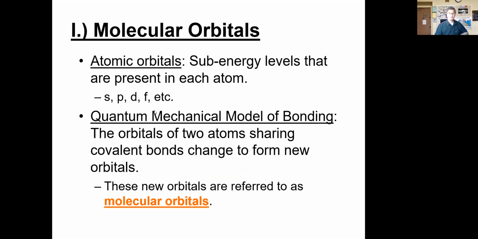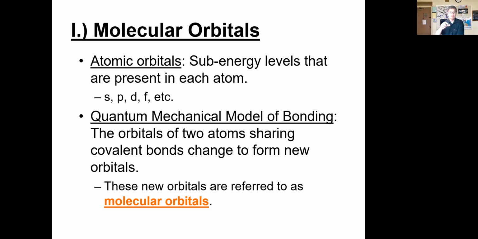So the key to understanding what molecular orbitals are is to understand and remember what the atomic orbitals are and what purpose they serve. Remember back in chapter 5, the atomic orbitals represented regions of physical space, but also, more importantly, the energetics of an electron.